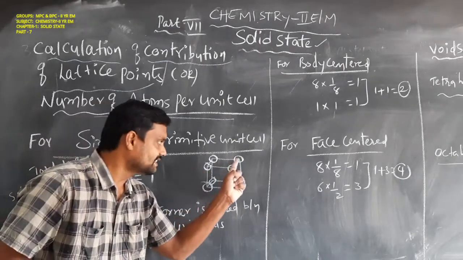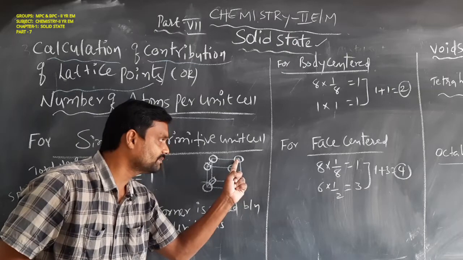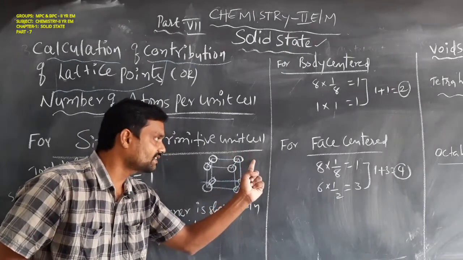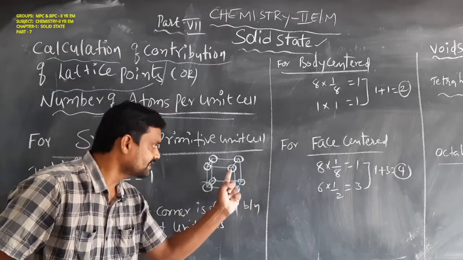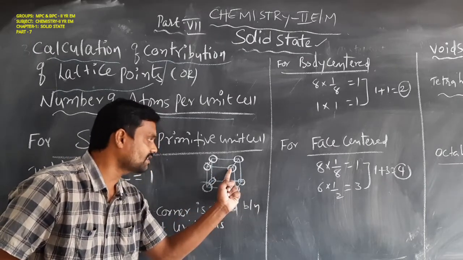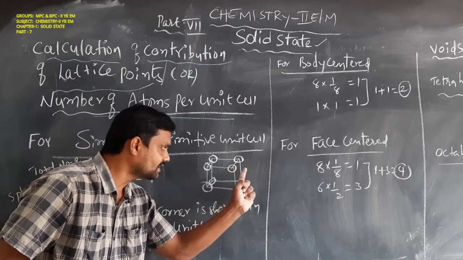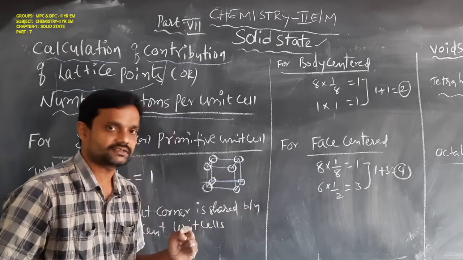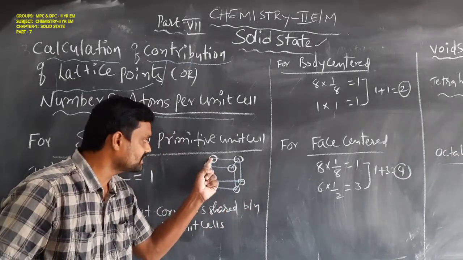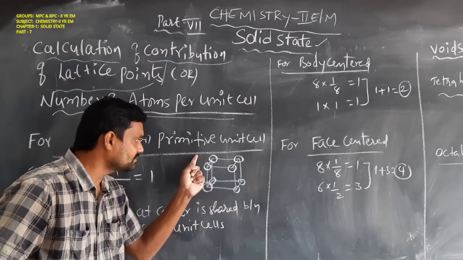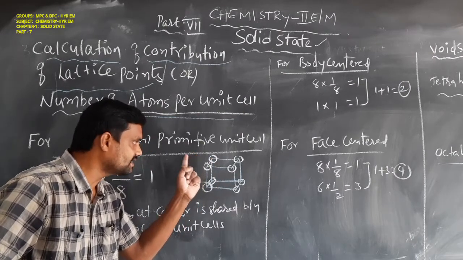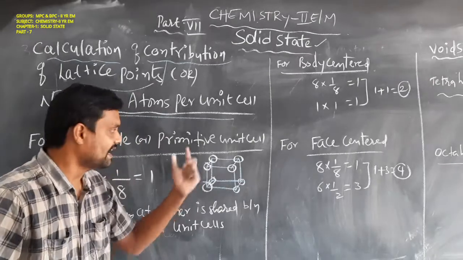Okay students, each atom at the corner is shared with the 8 adjacent unit cells. This corner atom is shared with another unit cell, this corner atom is also shared with another unit cell, and this one too.